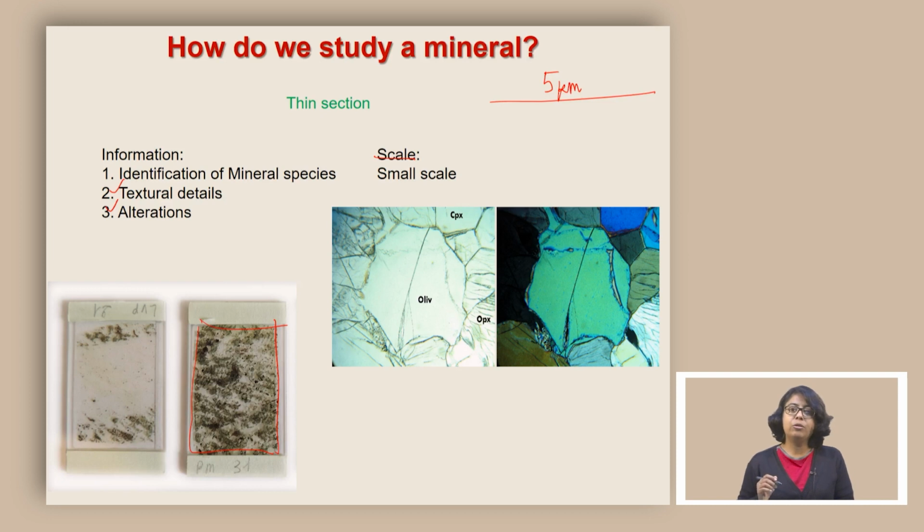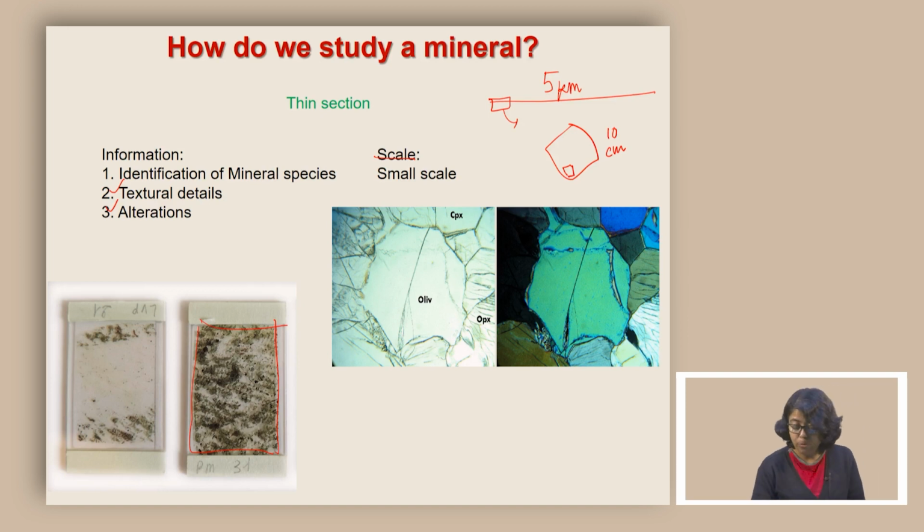However, when we are talking about thin section, it means from each region you can collect maybe a few hand specimens, and out of those hand specimens, if a hand specimen is large enough, let us say a few centimeters, you are only taking part of it to make a thin section.